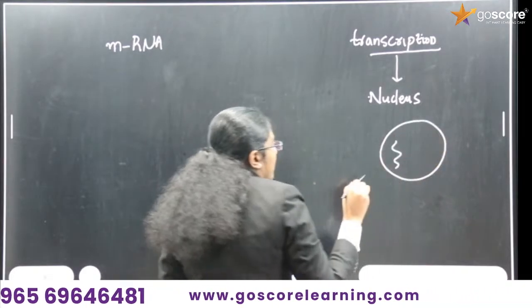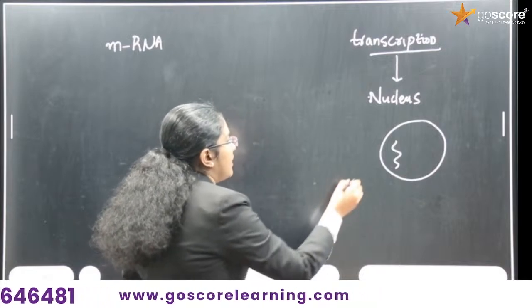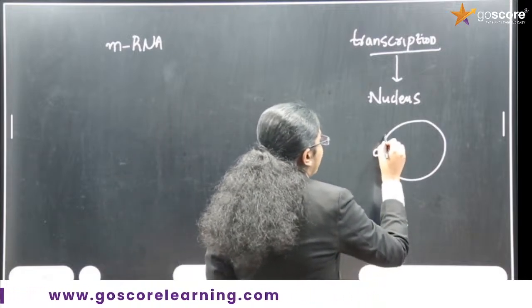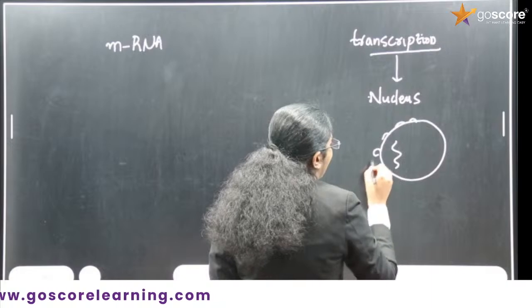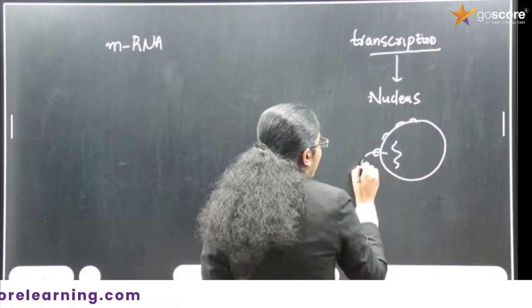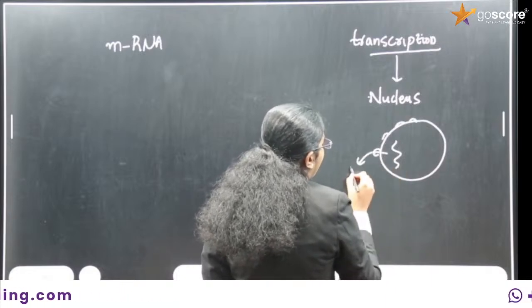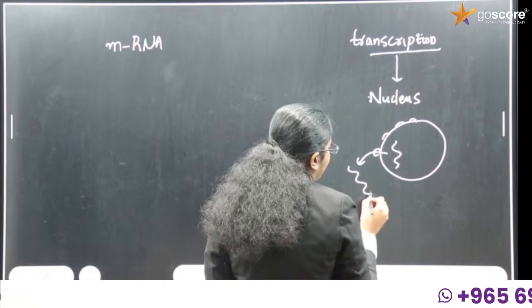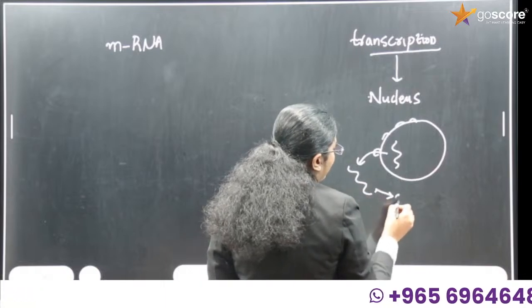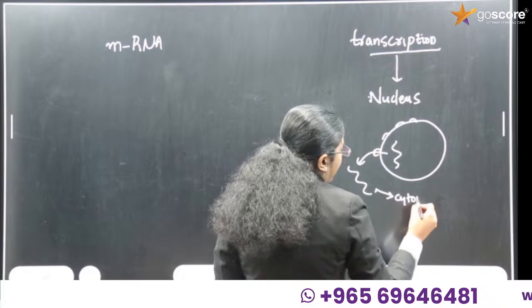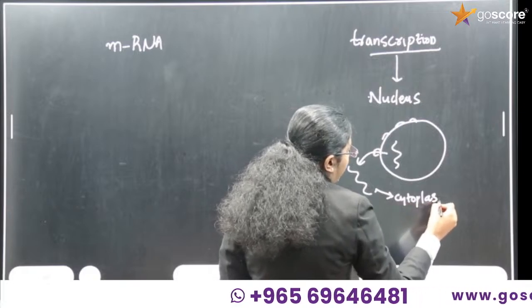Inside the nucleus, mRNA is present, and there are small pores over the surface of the nucleus. That is known as a nuclear pore. Through this nuclear pore, mRNA will be coming out into the cytoplasm. This is in the case of eukaryotes.